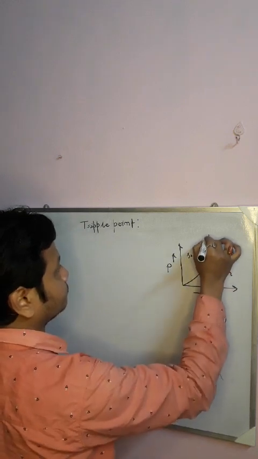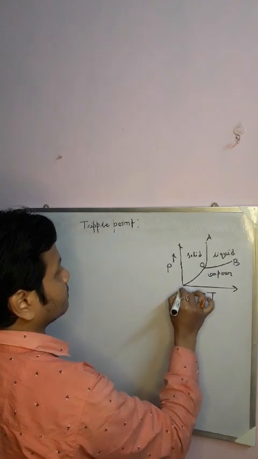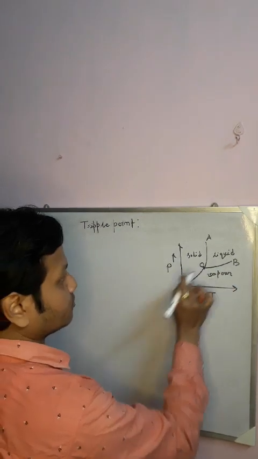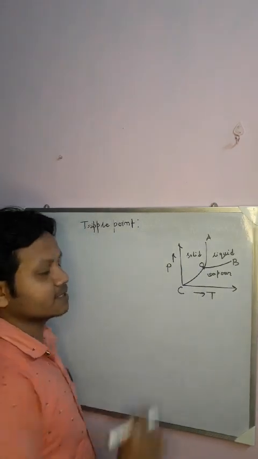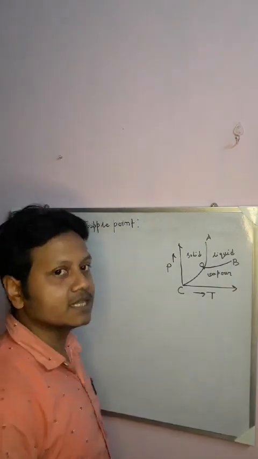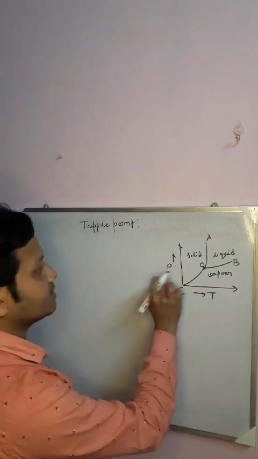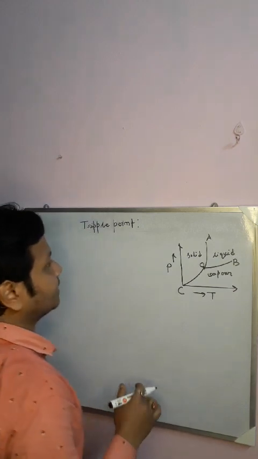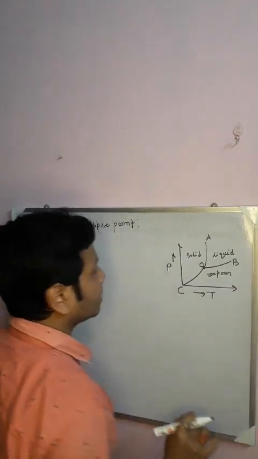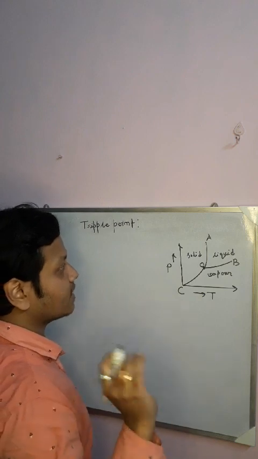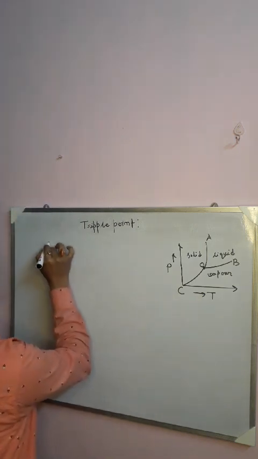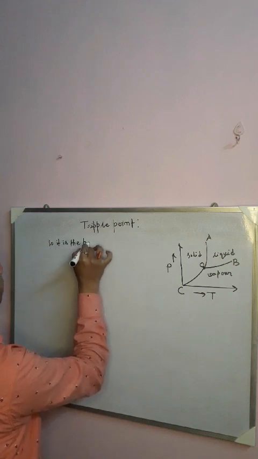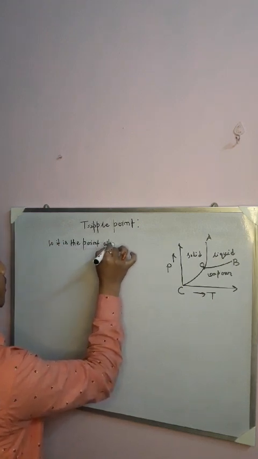Say A, B, C. Now this point is called the triple point, where all the three phases exist simultaneously without any change in their relative proportion, obviously at a fixed pressure and temperature. So we can easily conclude that it is the point where for a particular pressure and temperature all the three phases exist simultaneously.